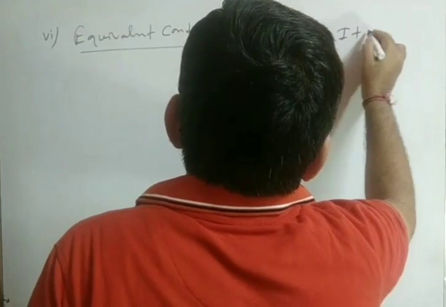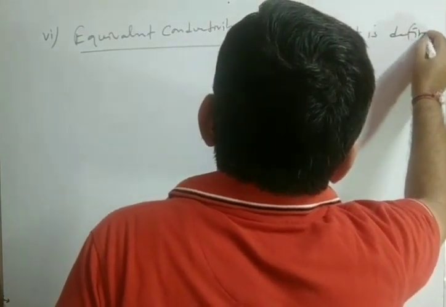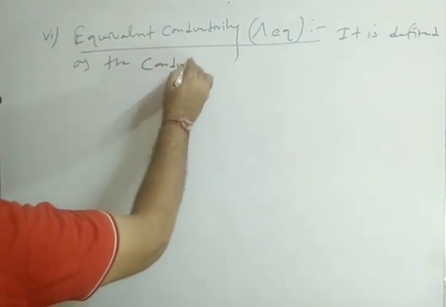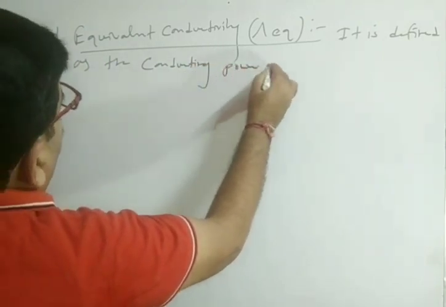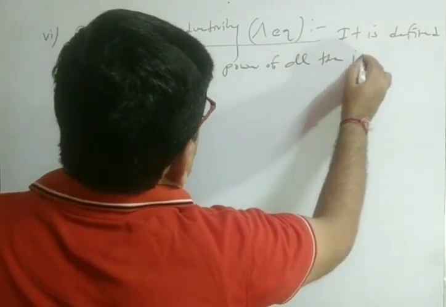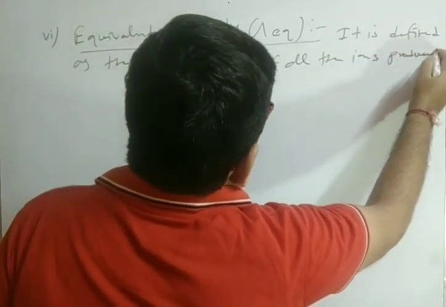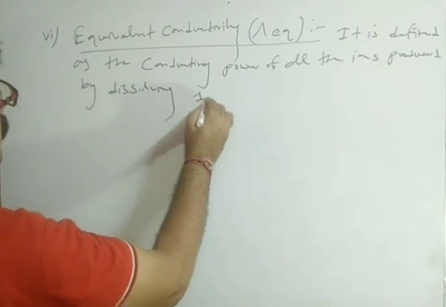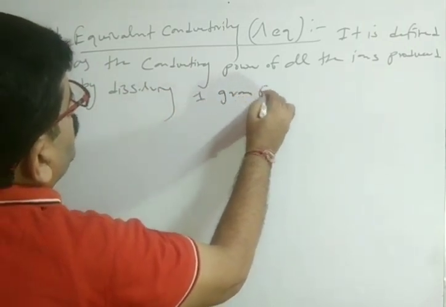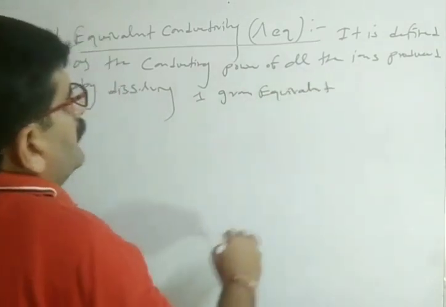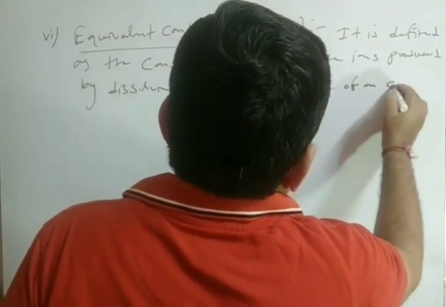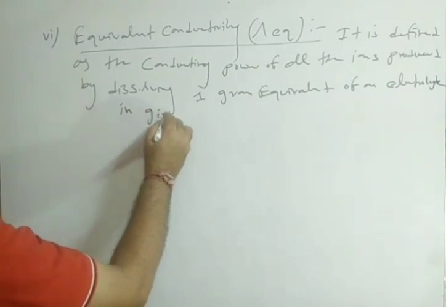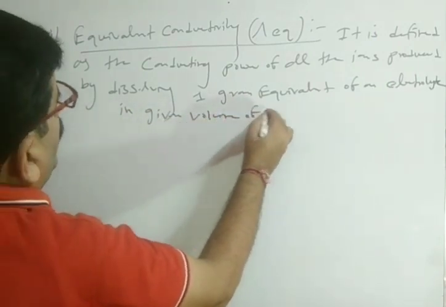It is defined as the conducting power of all the ions produced by dissolving 1 gram equivalent of an electrolyte in given volume of solution.